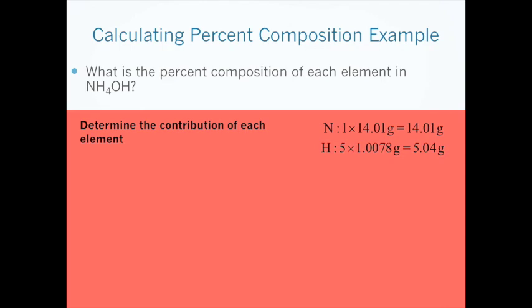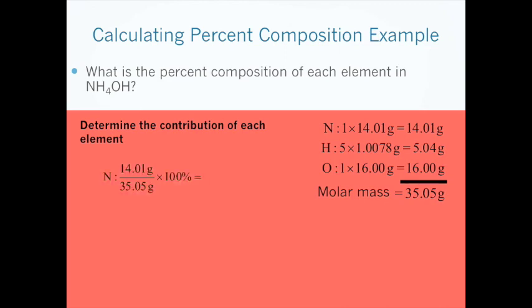We have 5 hydrogen atoms, which weigh 1.0078 grams per mole, for a total of 5.04 grams per mole. Then we have oxygen, which occurs once at 16.00 grams per mole, and therefore the total is 35.05 grams per mole.